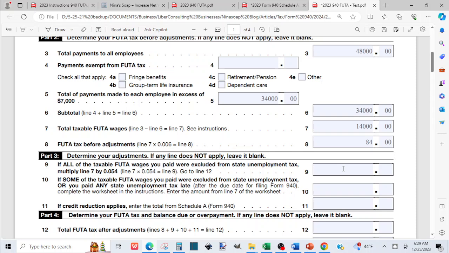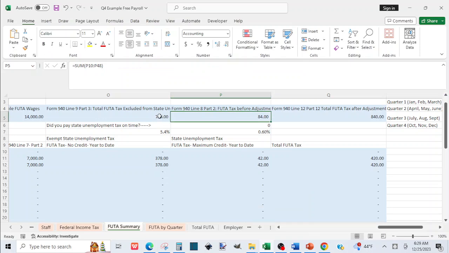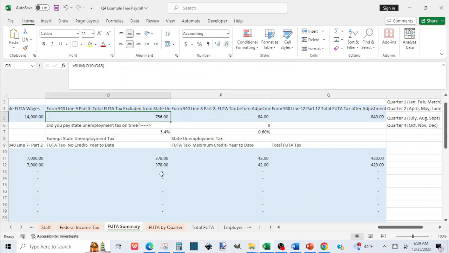Okay, so for that reason, we leave line 9 blank. But if the payment you are paying yourself is excluded from state unemployment tax, then you will take this dollar amount, the FUTA taxable wages, multiply it by 4.5%, and the result will go on line 9 of part 3.